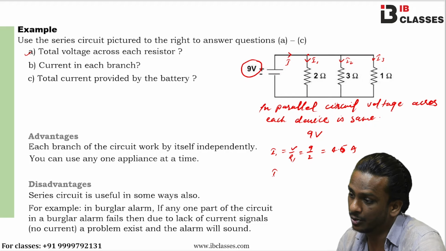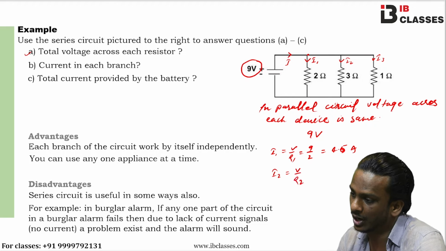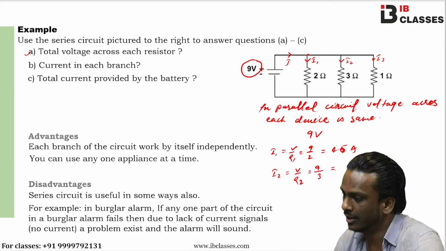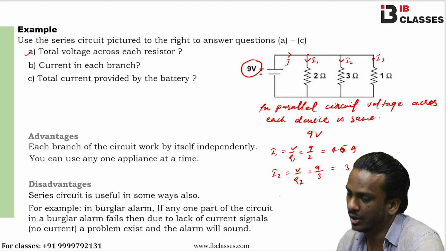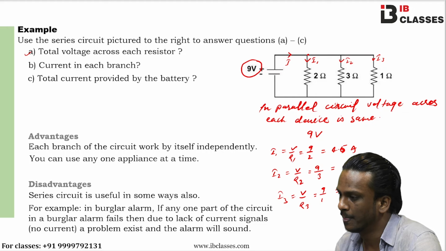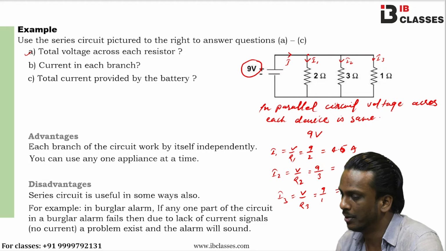Similarly, current I2 can be calculated. I2 will be equal to V over R2, which is 9 over 3, and this is 3 ampere, and I3 will be V over R3, which is 9 over 1, that is 9 ampere.